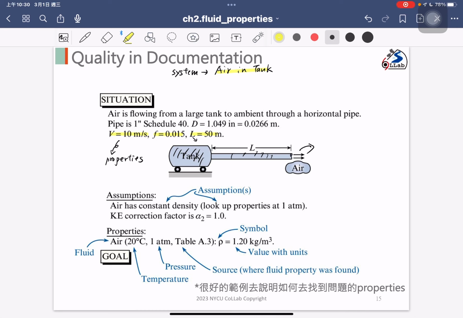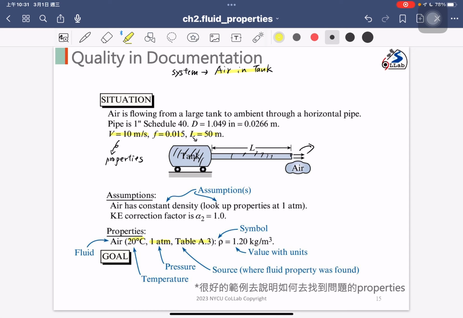Before we know the density of the air, we should double check the condition. That's why I say state our conditions. And the condition is 20 degrees and 1 atmosphere pressure. So if I have the table, I can check the density of the air.